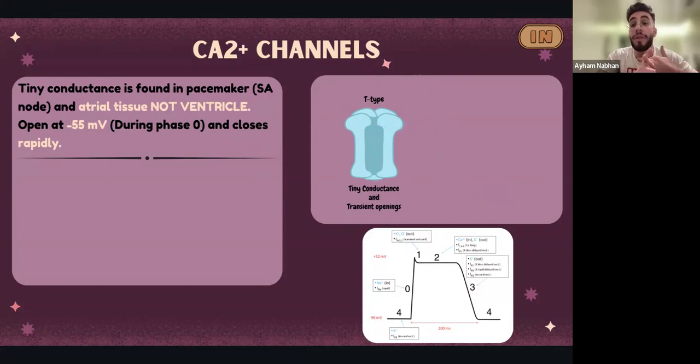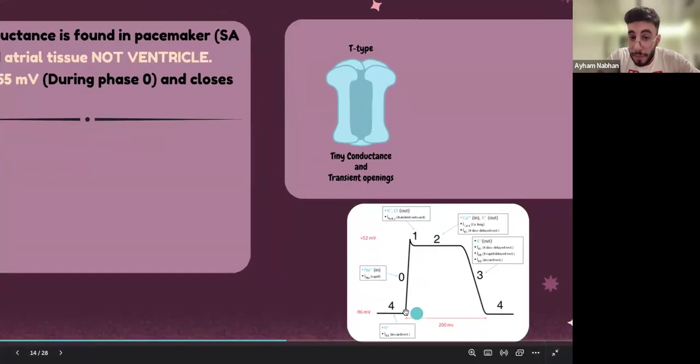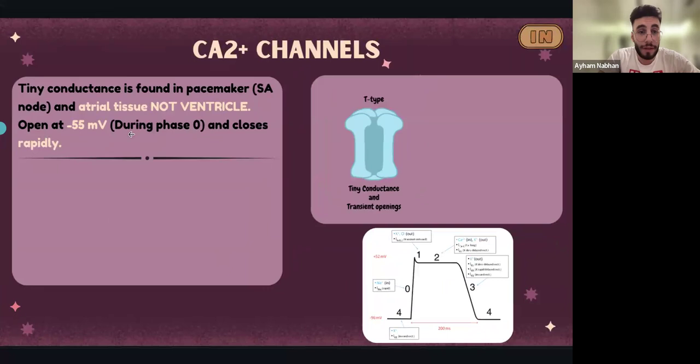So it's not found in the ventricles, and it is also found in the atria because they are partially part of the SA and pacemaker nodes. They would open once the depolarization is initiated at a membrane potential of -55, as you can see here, -55 millivolts.